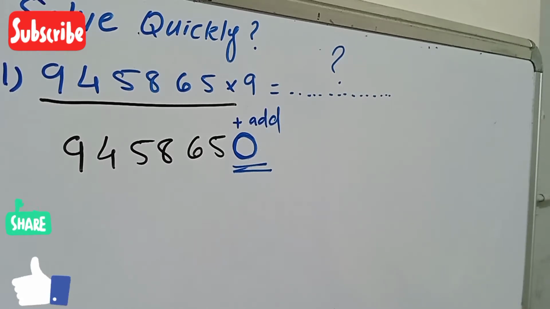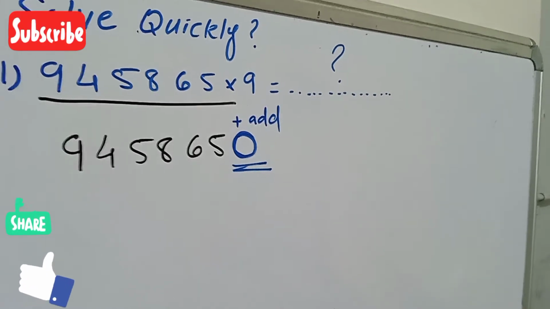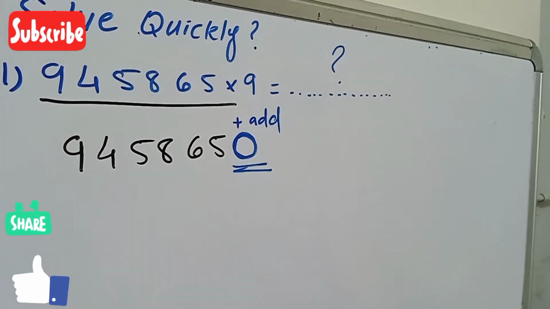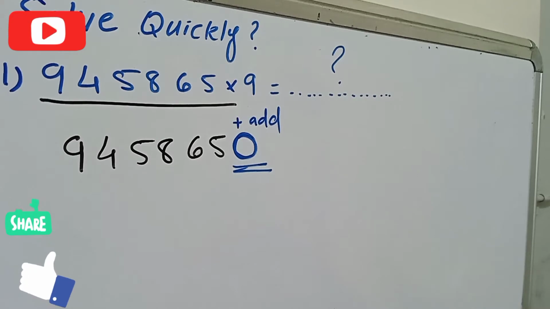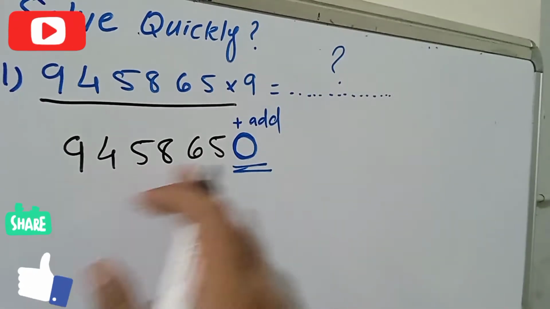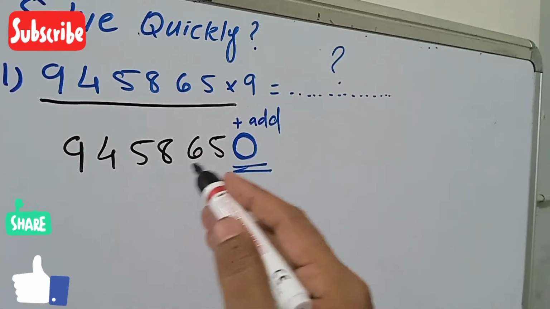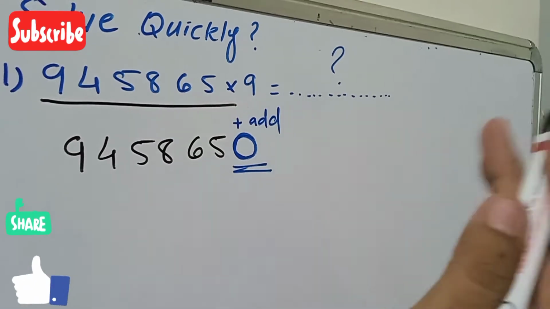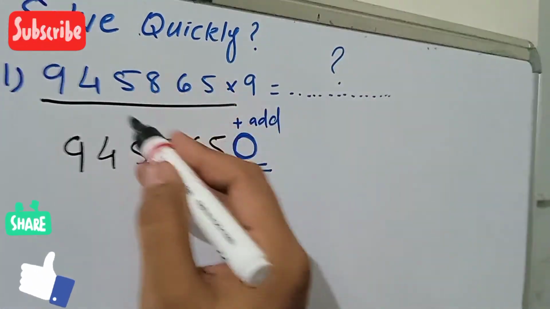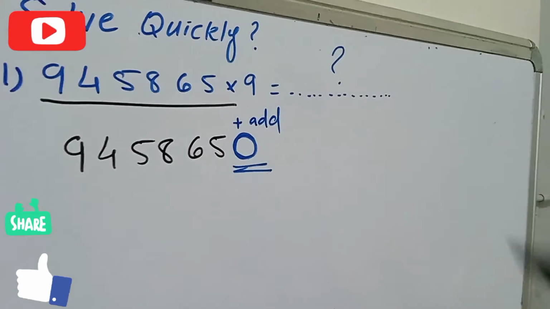Okay, now whatever the number is given to you, my number will become 9458650. Now the original number you have to subtract.